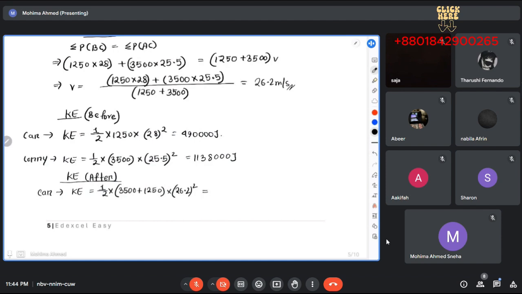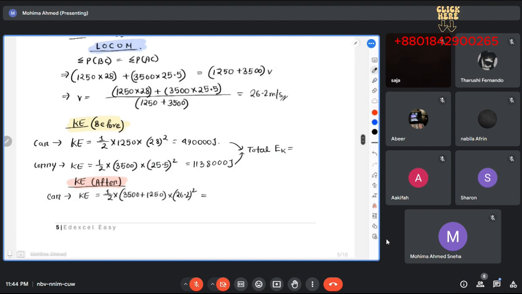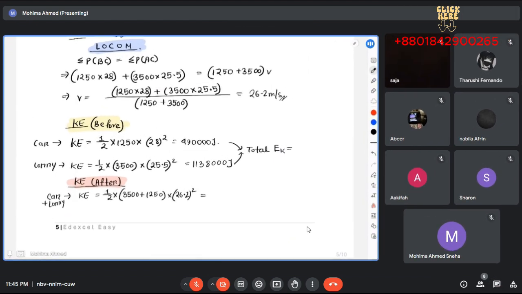Now add them together to give me the final total kinetic energy before collision. 1628,000.